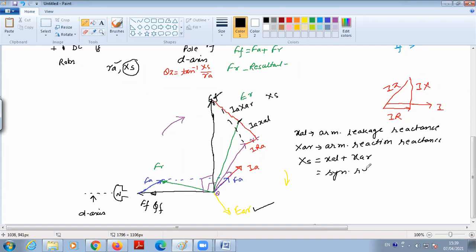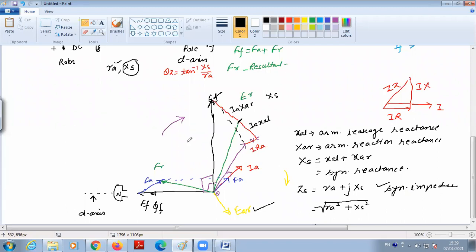So it is very important, we come to know that this equation is the synchronous reactance, and the addition of resistance and reactance is the synchronous impedance Zs equal to Ra plus jXs, or it is the square root of Ra square plus Xs square. But we will prefer this impedance equation, so it is called the synchronous impedance.